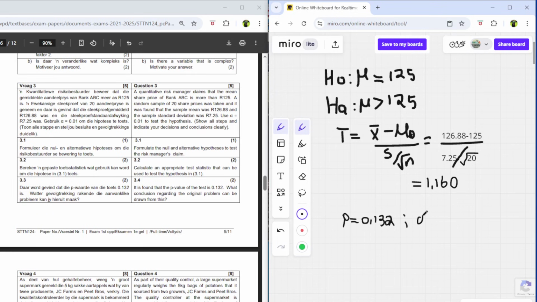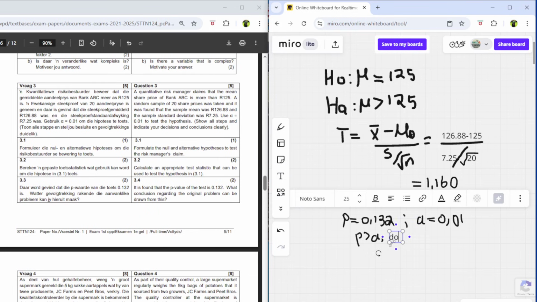Our alpha is equal to 0.01 as given. So clearly the p-value is greater than alpha, and if that is the case, you do not reject the null hypothesis.